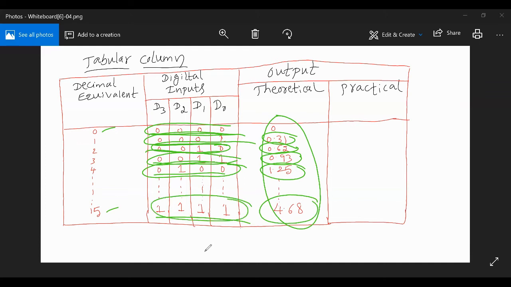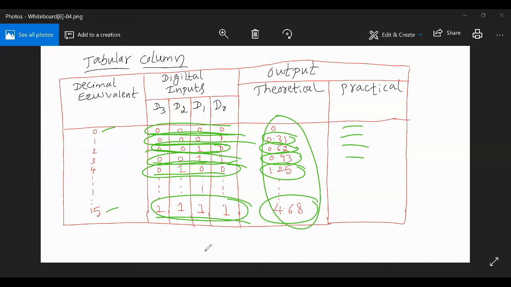So like this, all the theoretical analog outputs are obtained using the equation given. Now, after wiring the circuit, we have to configure the digital inputs D0 to D3 as given here from 0 to 15, and we have to note down the practical analog output obtained for digital input 0, digital input 1, 2, 3, 4, like this.